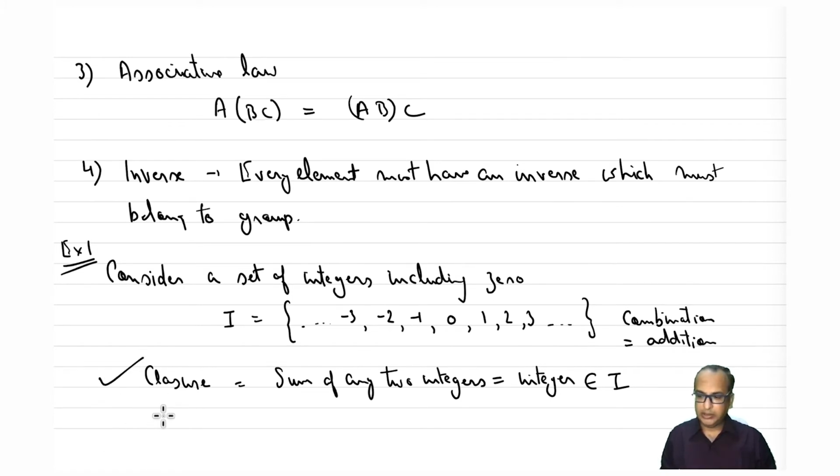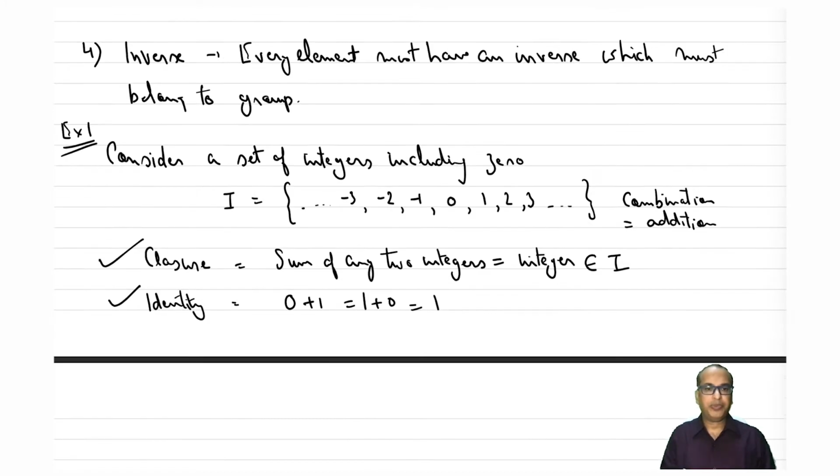The second property is identity. Does it have an element which combines with other elements to leave them unchanged and also commutes with those? So that element is 0. For example, 0 plus 1 is equal to 1 plus 0 is equal to 1. So it leaves them unchanged, and it also commutes with all those elements, right? So identity also applies. Now next, try associativity.